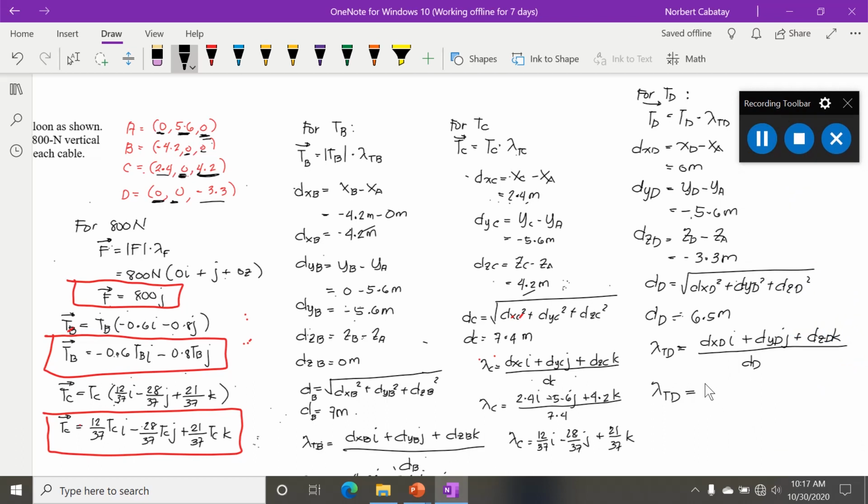So, it will be 0i minus 5.6j plus 3.3k, divided by 6.5. So, yung lambda ng D natin ay, of course, wala na siya sa i.